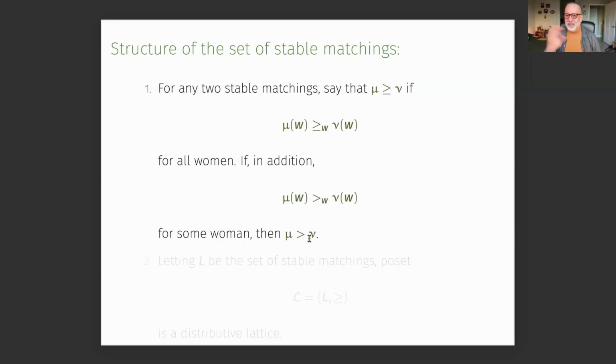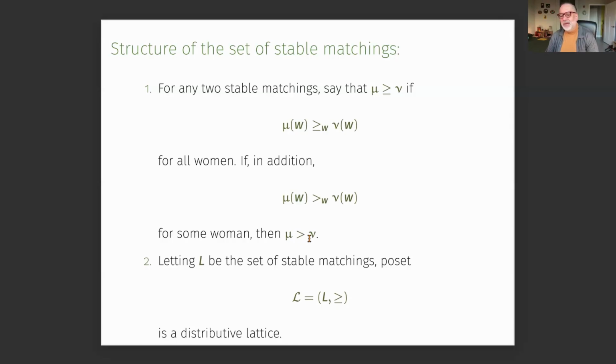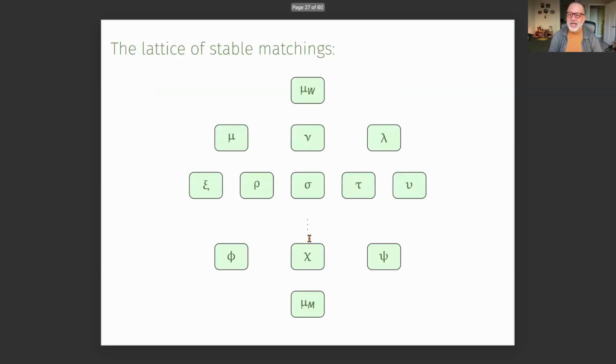Okay, so now we have a binary relation applying to matchings, not to matches, but to matchings. And it's well known that the set of stable matchings, if you endow it with this greater than or equal binary relation, is a distributive lattice. And this makes many welfare arguments extremely elegant. Just to say what this means, let me draw a graph: the set of stable matchings can be seen somehow in this way.